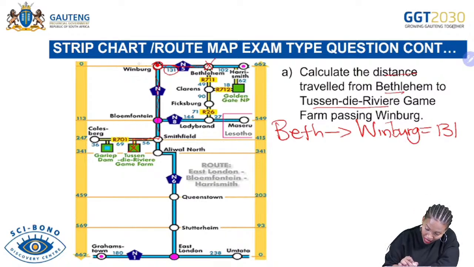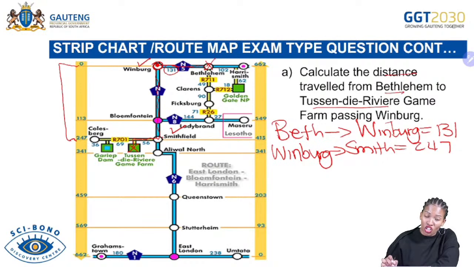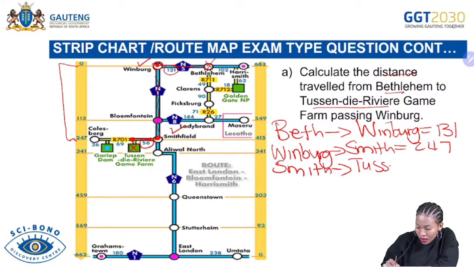And then from Wynberg to Smithfield, it is 247 kilometers. Remember, here is Smithfield. So from Smithfield to Tessen de Rivie, what is the distance? It is 56 kilometers.